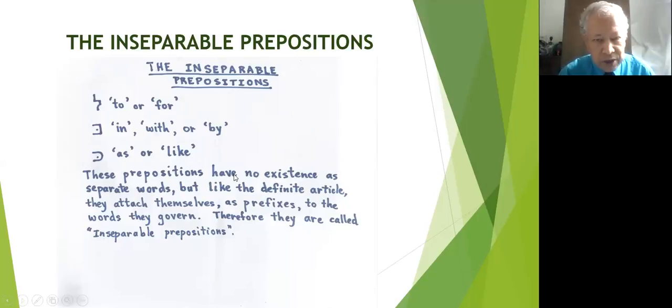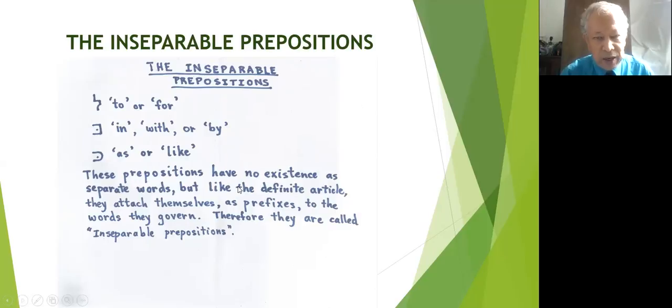These prepositions have no existence as separate words, but like the definite article, they attach themselves as prefixes to the words they govern. Therefore, they are called inseparable prepositions. So they're not to be looked at as separate words from the nouns that they are joined to.